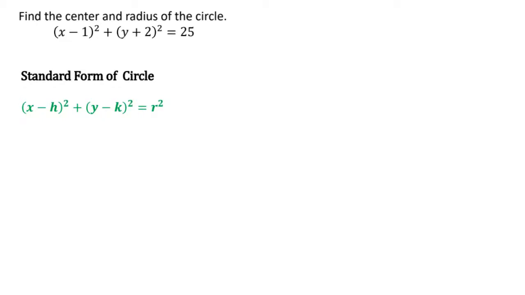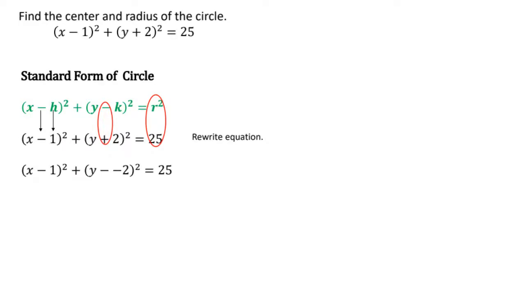So in this problem, I know that my h refers to that value 1, that k refers to the 2, and the r squared refers to my 25, right? So here, to get my center, for this 1 to be a negative, I know that my 1 has to be a positive, yes?